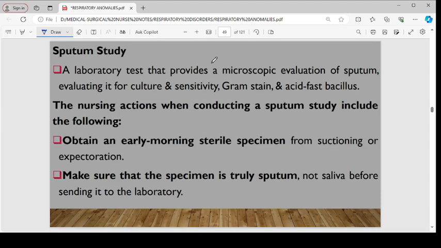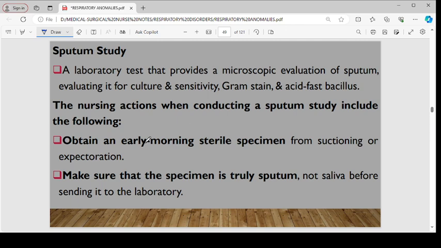Okay. Another test is the sputum study. These are laboratory tests that provide a microscopic evaluation of the sputum, evaluating it for culture and sensitivity, gram stain, and acid fast bacillus.